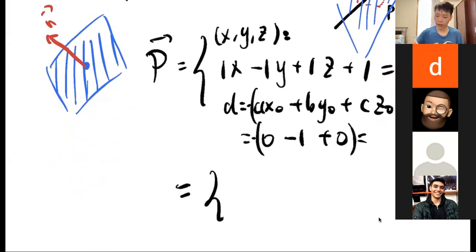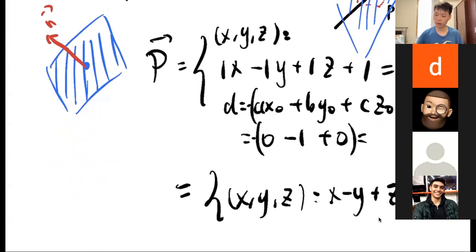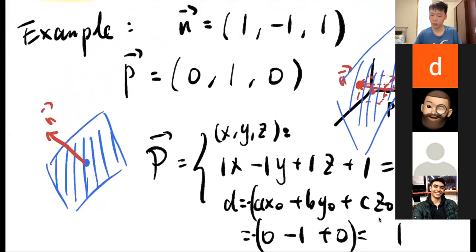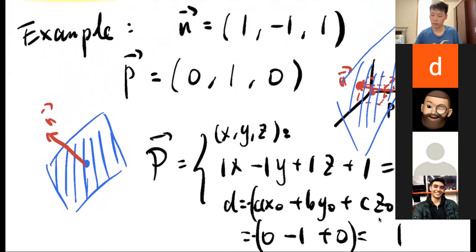So to simplify, it is all the x, y, and z such that x minus y plus z plus 1 is 0. All right, can you go back a little bit more? So the x, y, z represents the point.